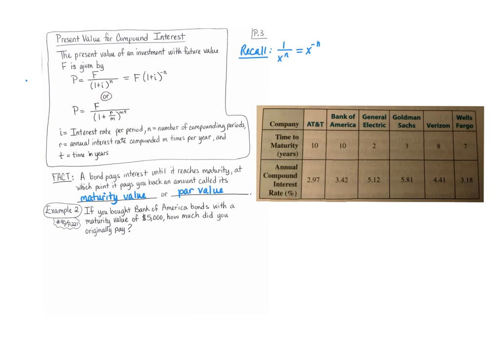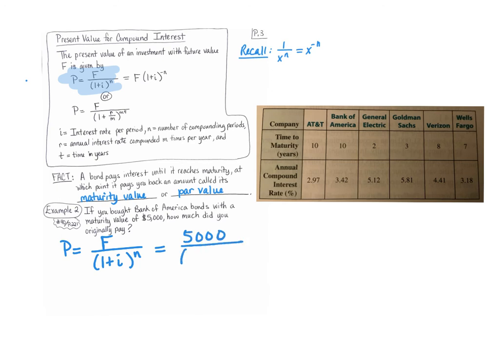So we're looking to find P, so let's use this formula here. P is equal to F divided by the quantity 1 plus I raised to the nth power. Well, we know that our future value is $5,000.